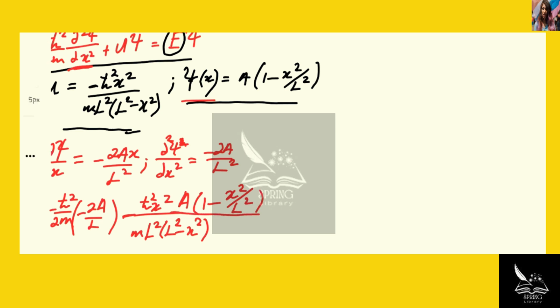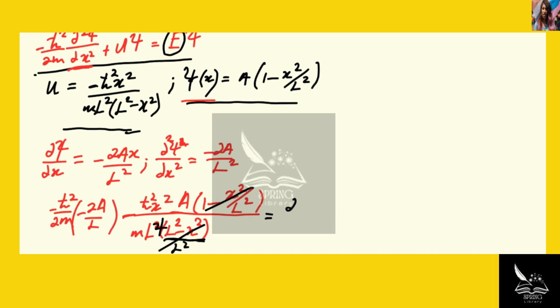If you're quick to notice, if we factorize L square out of the denominator in this bracket, we will get 1 minus x square over L square, which we can cancel out with the numerator.